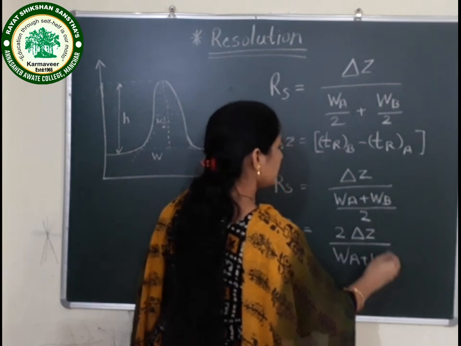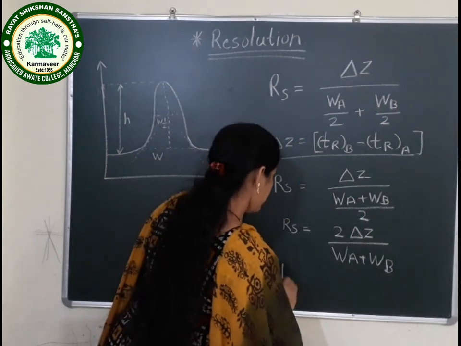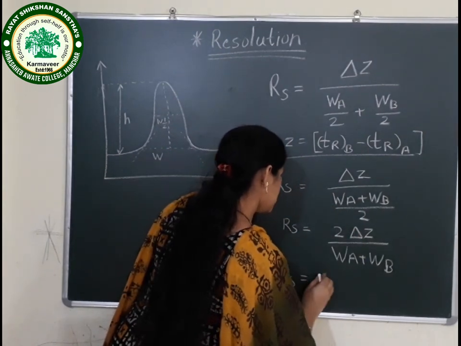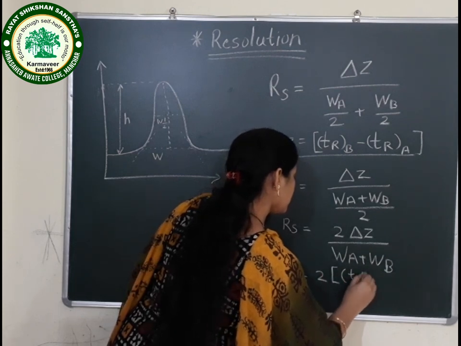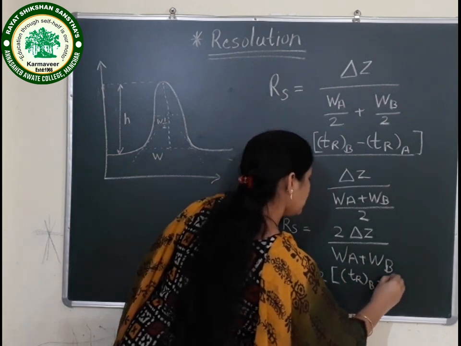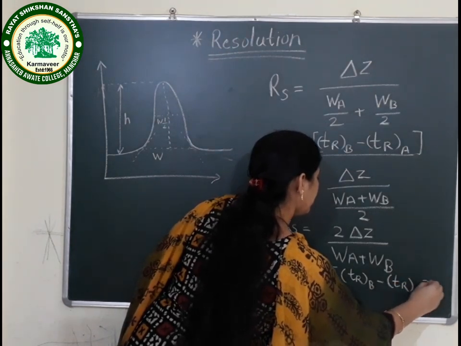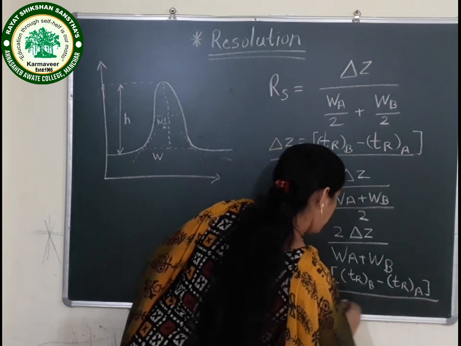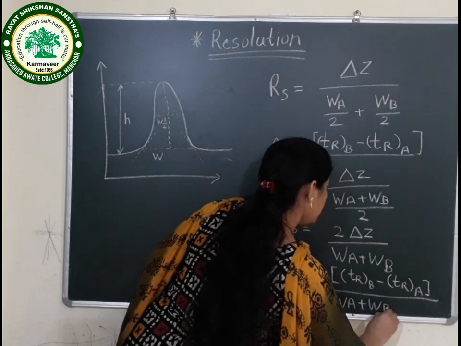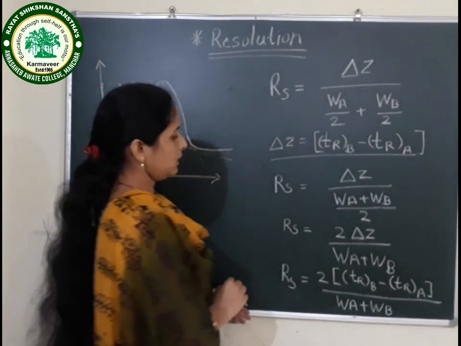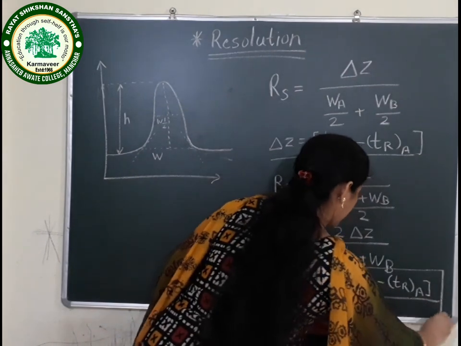Now we put the value of this delta Z here. We get RS is equal to 2 into TRB minus TRA upon WA plus WB. Okay, this is the equation for the RS.